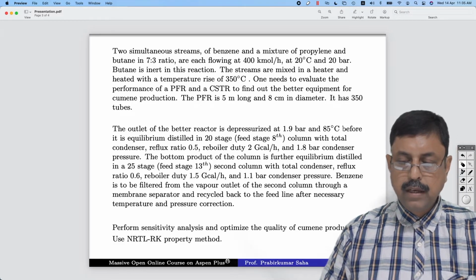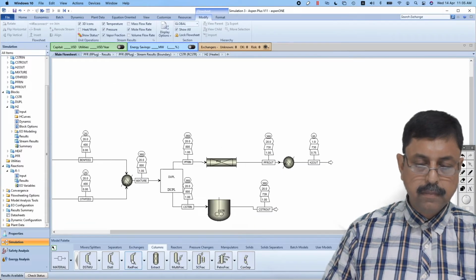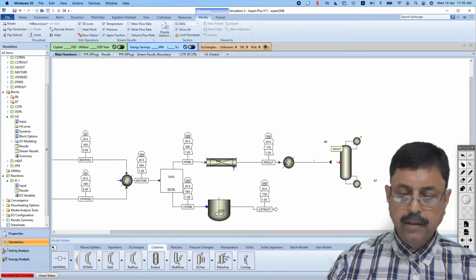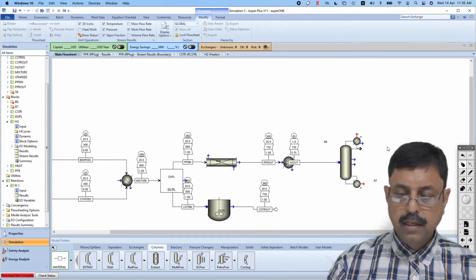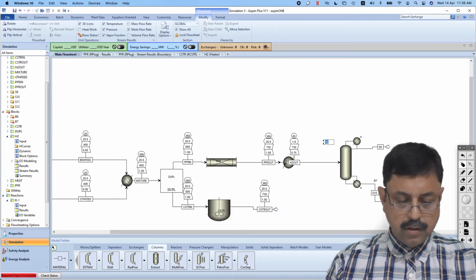So basically we need to have 2 distillation columns, one after another. So the first column, we use RadFrac. So we connect this thing with this. Then one outlet. This outlet. So this one is column 1.